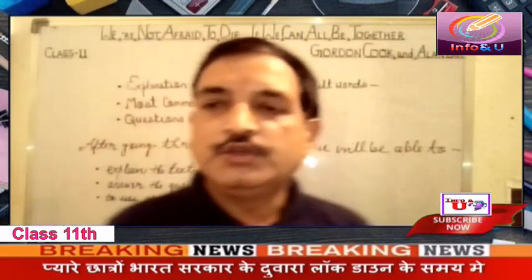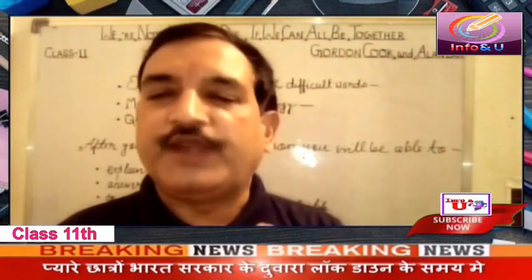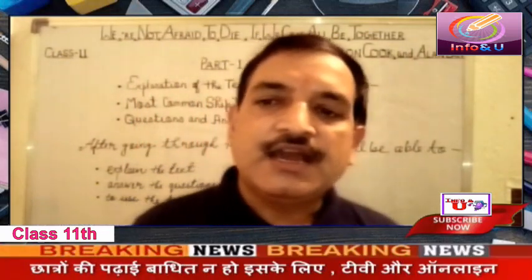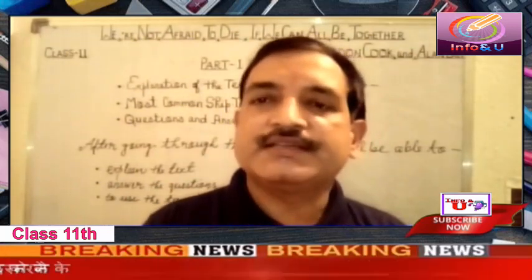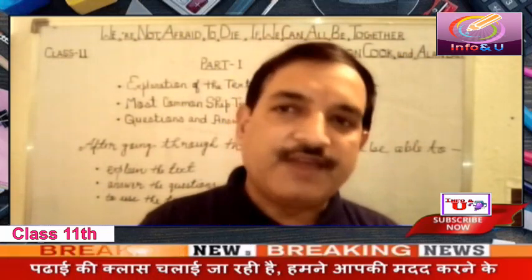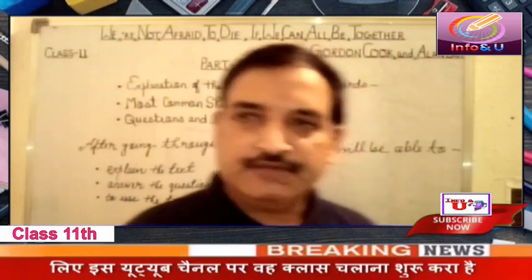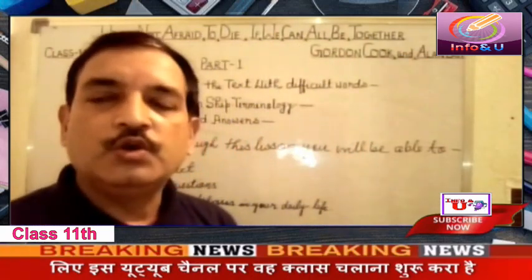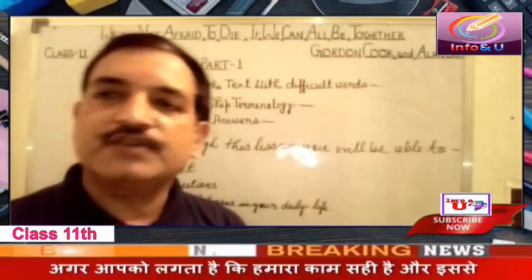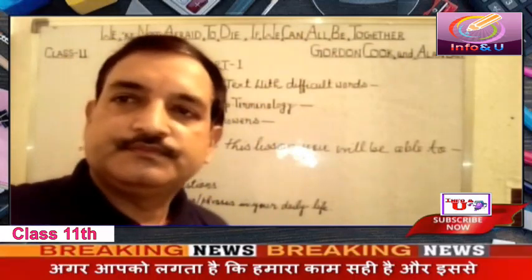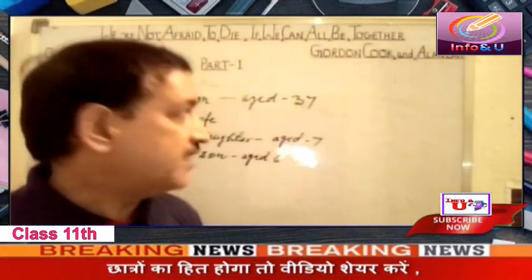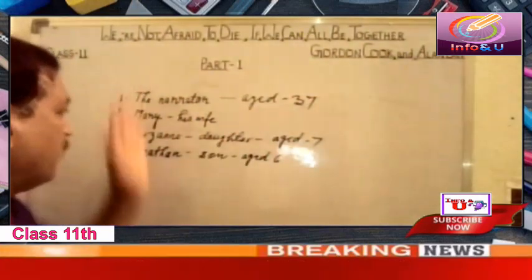As I have told you, a family went on a sea journey and there were 4 members in this family who went on a journey. Let us know the names of the members of this family. Dear students, as you see, there are 4 members.